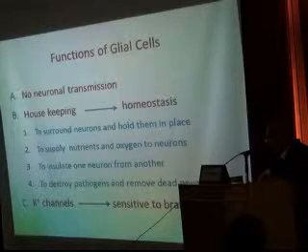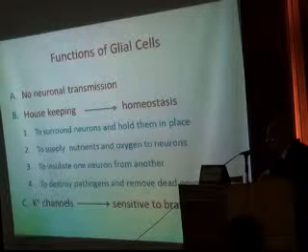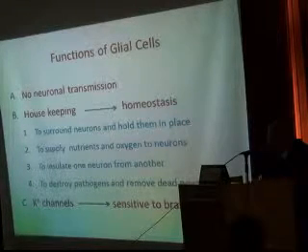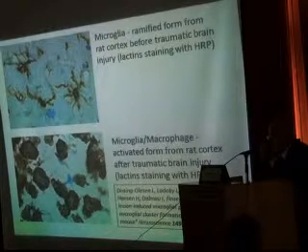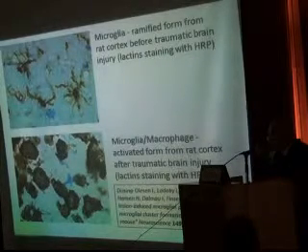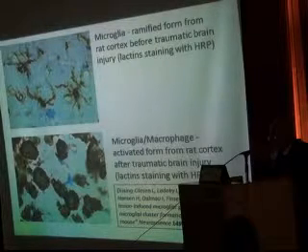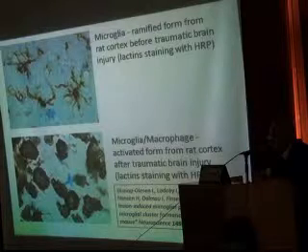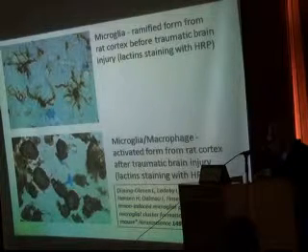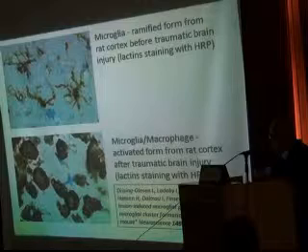But actually the triggering factor for them is calcium channels. Once they sense tissue injury, meaning there is neuronal or cell damage, potassium will be freed, and this is a good signal for the glial cells to become active.